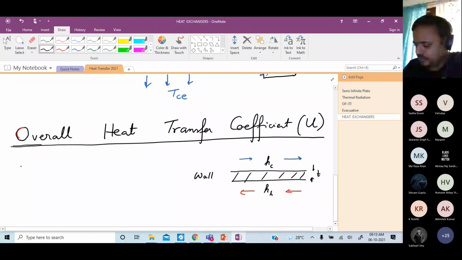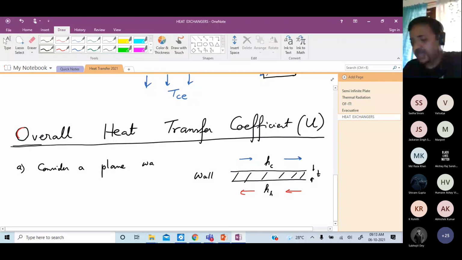So if you consider a plane wall, like we drew here, the heat exchange is happening across the plane wall, which is this one.